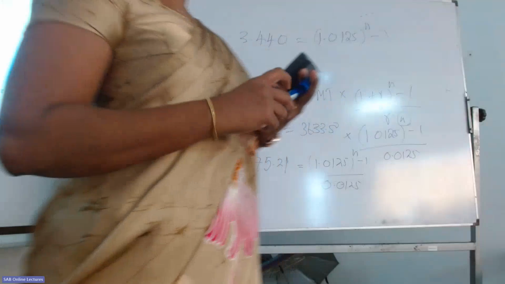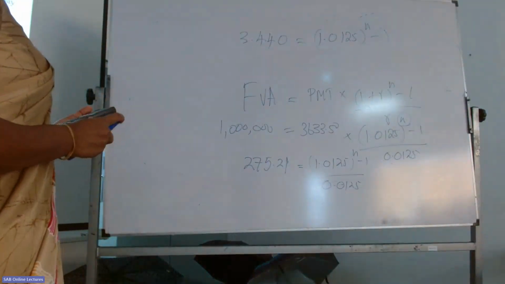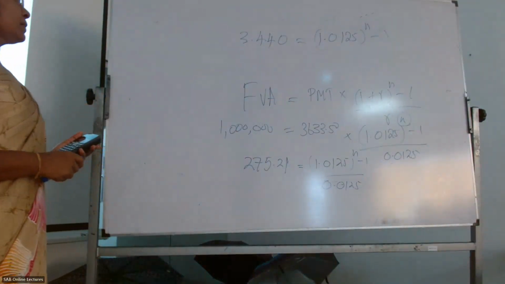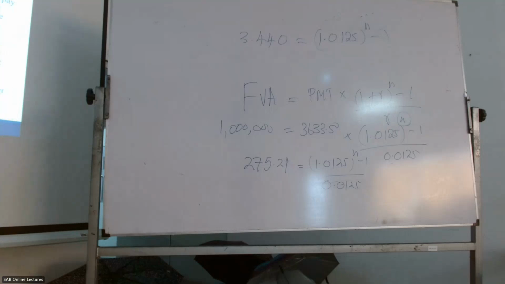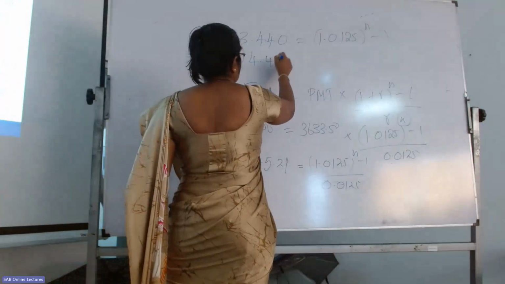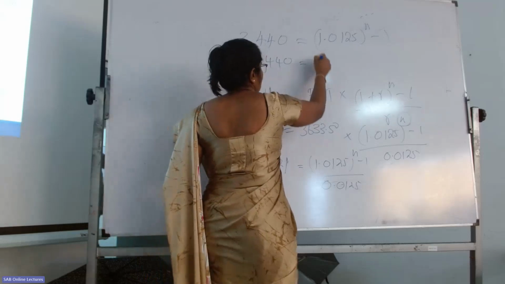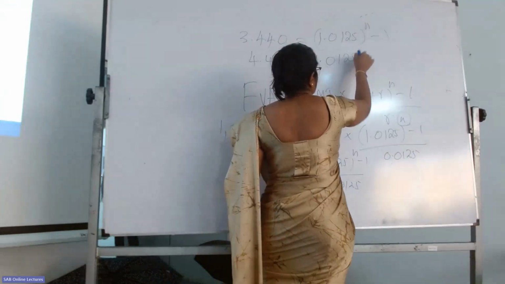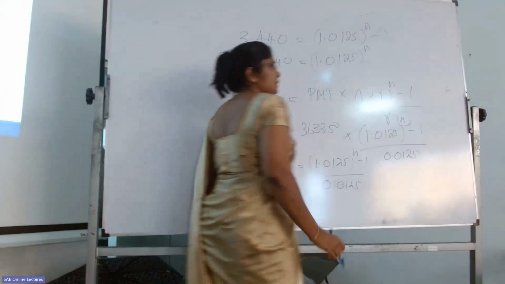Now you can solve it, no? So minus 1 you can take to this side, so then it will be positive. So then we will end up with 4.440 is equal to 1.0125 to the power 8.